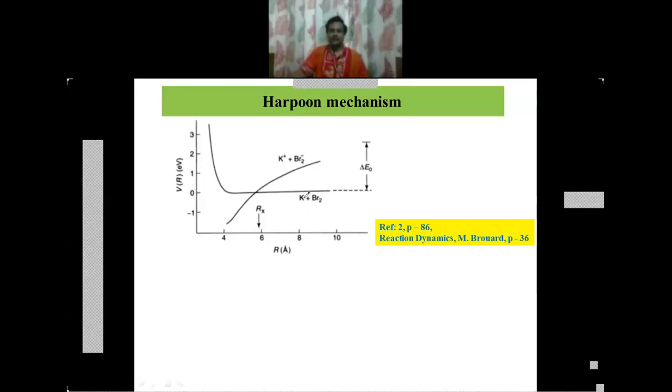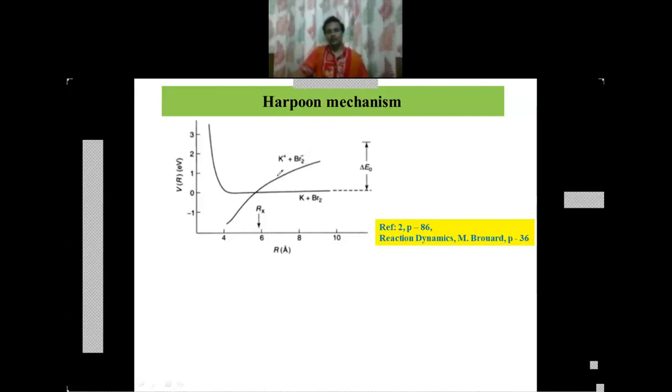This is the covalent interaction potential. Potassium and the Br2 molecule are far apart, so I am somewhere here in the asymptotic zone, and this part is K plus Br minus. That is the ionic curve.